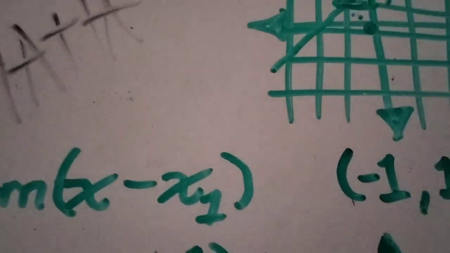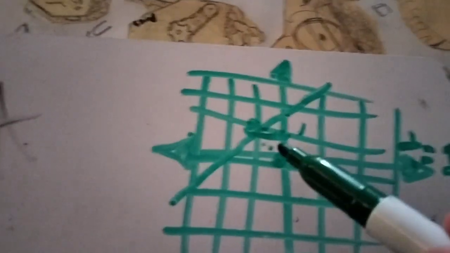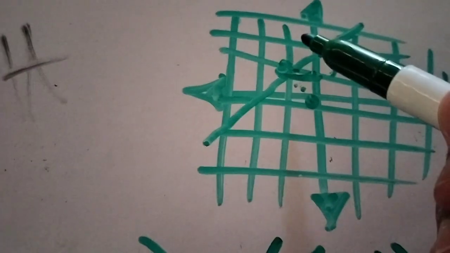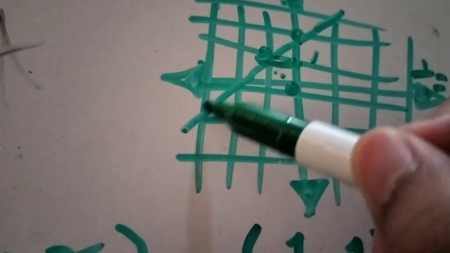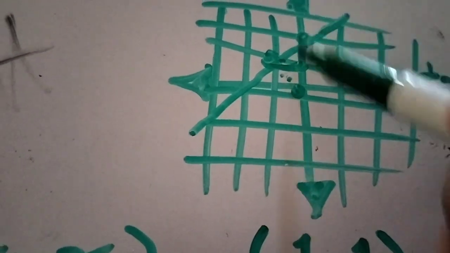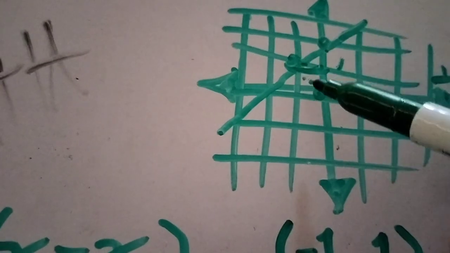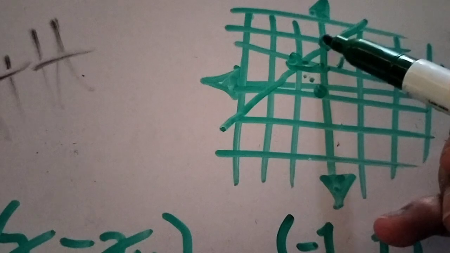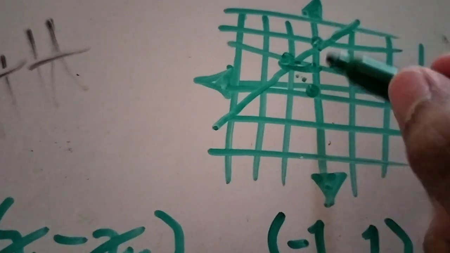If we look back at this graph that we've made, you can see that the y-intercept is going to be +2. And look at that. The point where this line crosses the y-axis, the y-intercept is going to be 2.